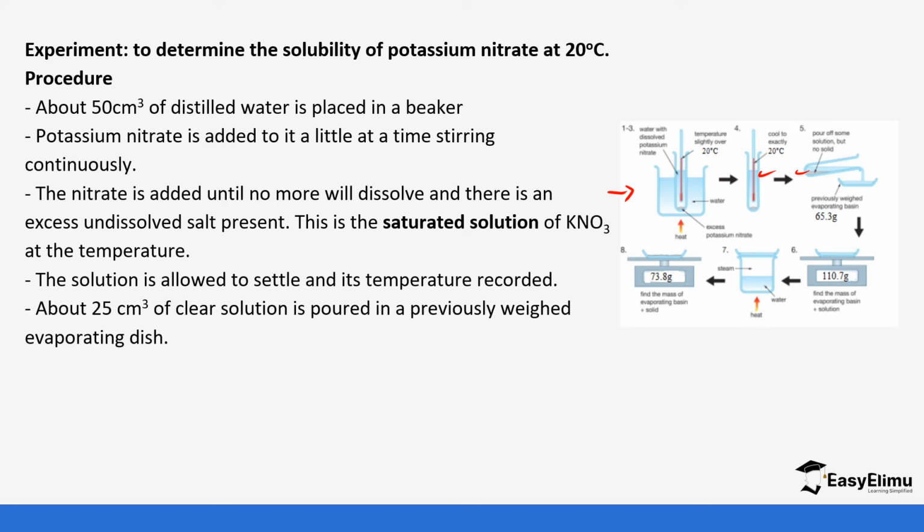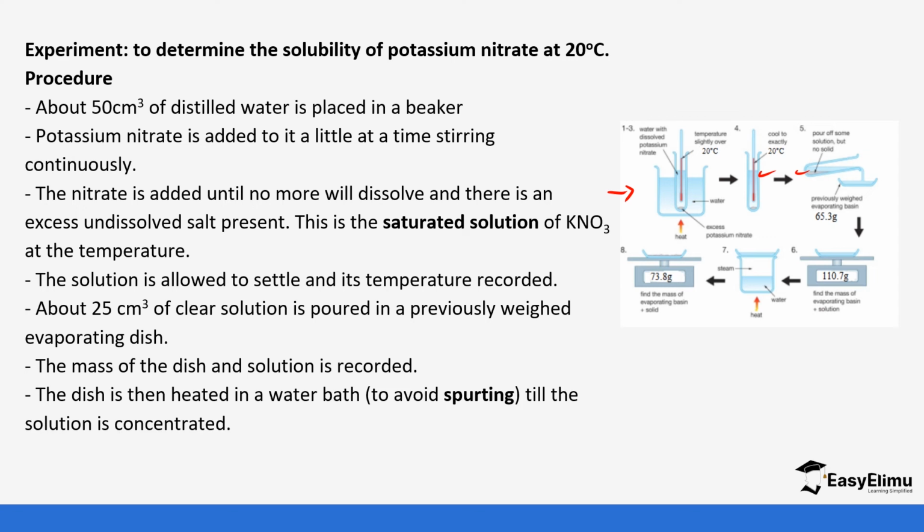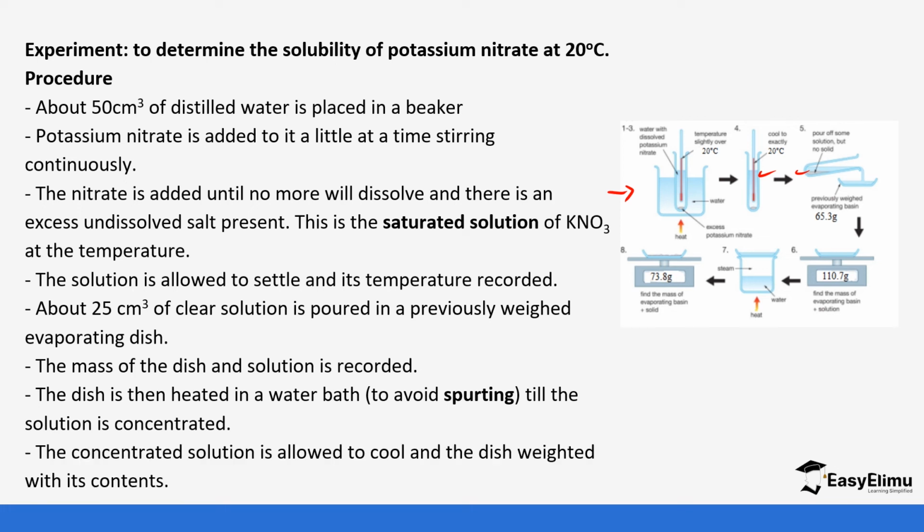So about 25 centimeters cubed of the clear solution is poured into a previously weighed evaporating dish, and then the mass of the dish and solution is recorded. And the dish is then heated in a water bath to avoid spurting till the solution is concentrated. The concentrated solution is also allowed to cool and then weighed.